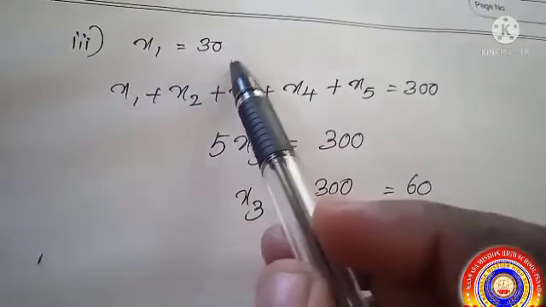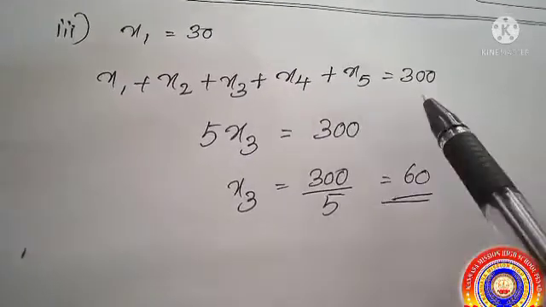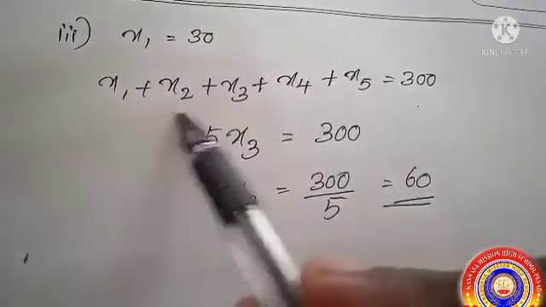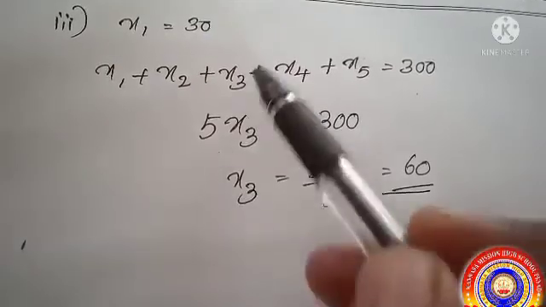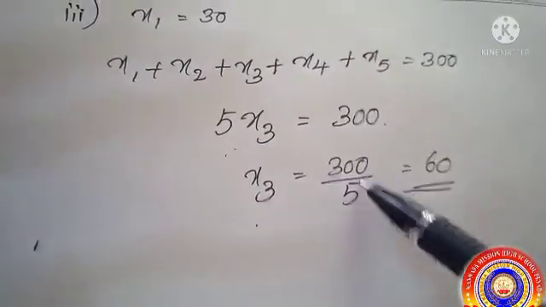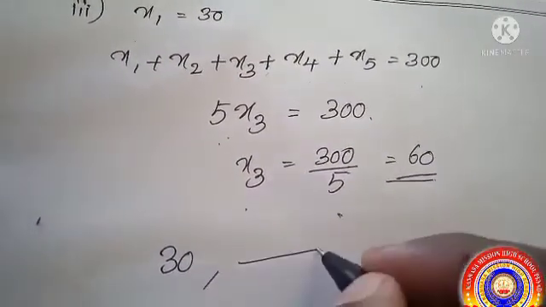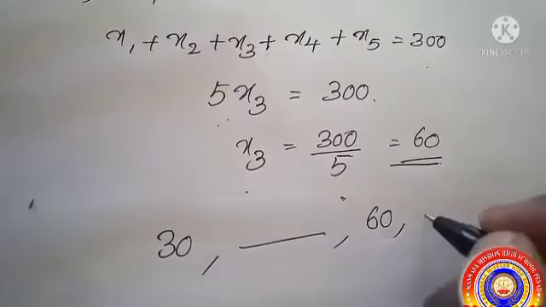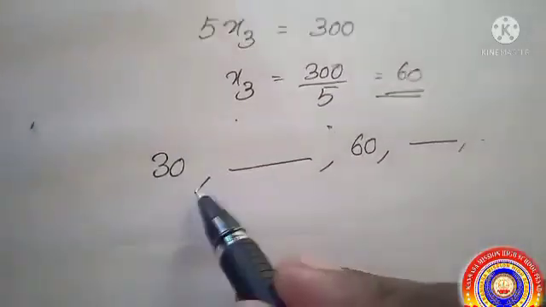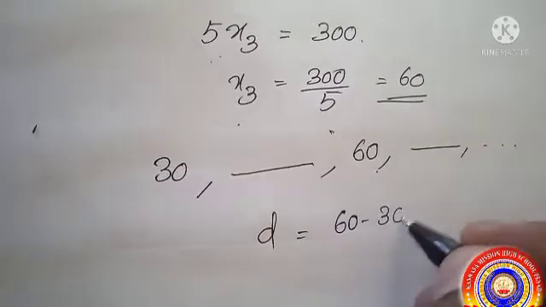Next, sub question number 3. Here the first term is 30 and the sum of first 5 consecutive terms is 300, which is equal to 5 times the middle term. 5x3 equal to 300. From this we get x3 equal to 300 by 5, which is 60. Here the first term is 30 and the third term is 60. Using these two terms, first we find the common difference.